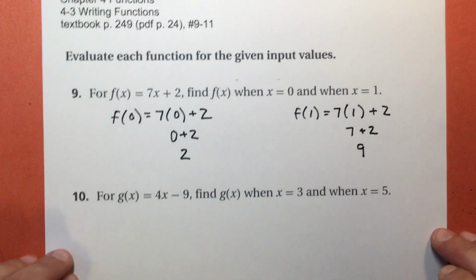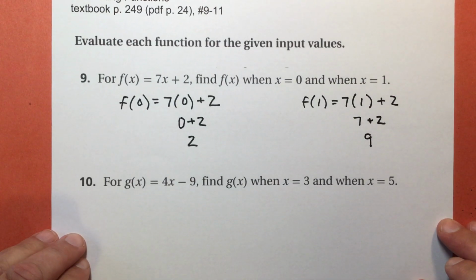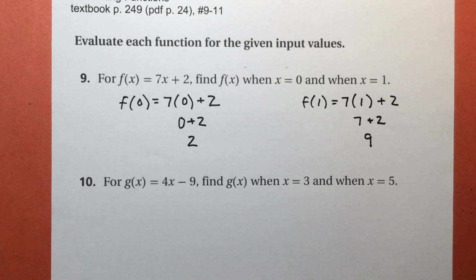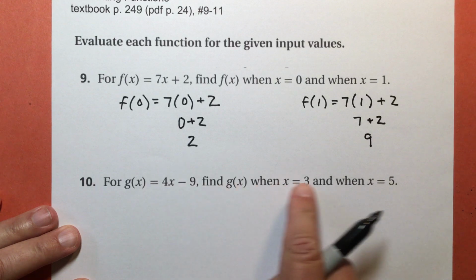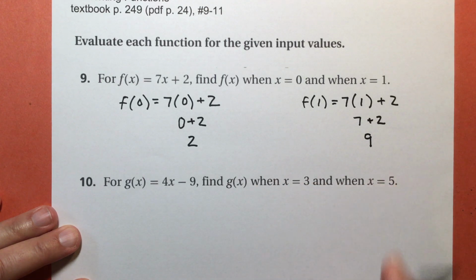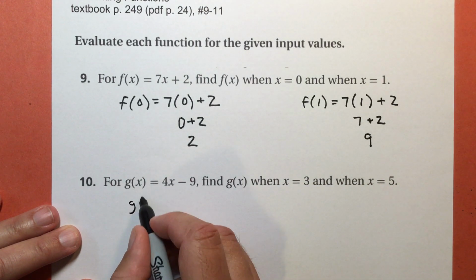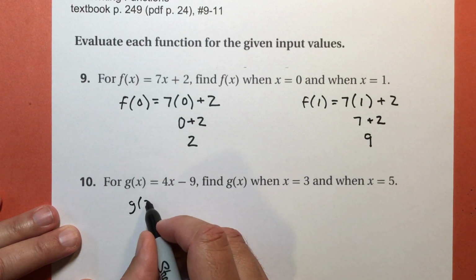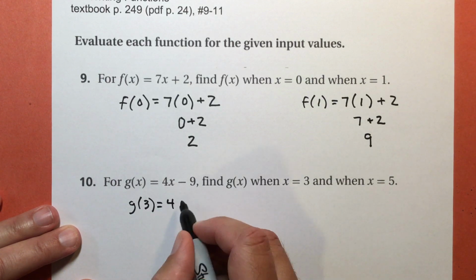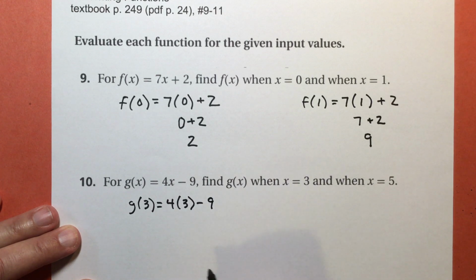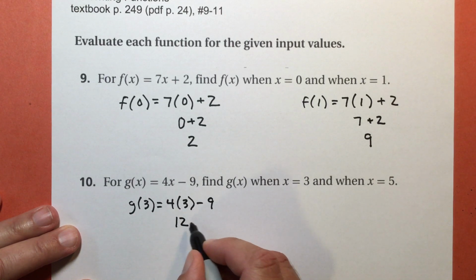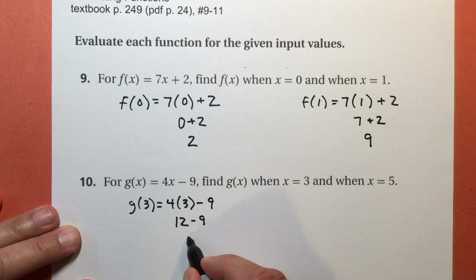Moving on, problem number 10. I wish that the camera on my iPad matched up with my paper. g of x is going to be 4x minus 9. We're going to try x equals 3 and x equals 5. So g of 3 equals 4 times 3, using parentheses, minus 9. 4 times 3 is 12, and 12 minus 9 equals 3.